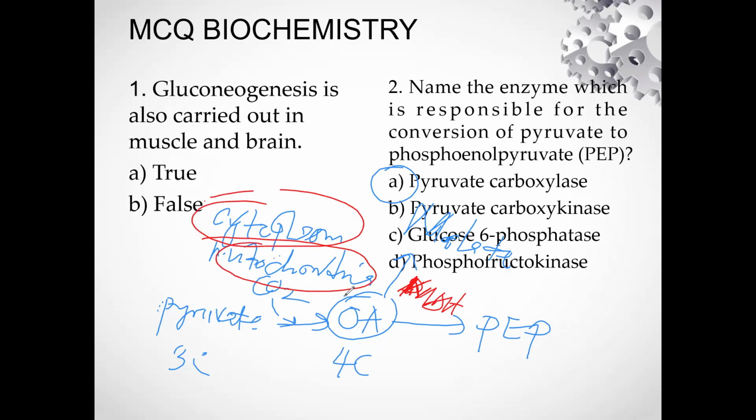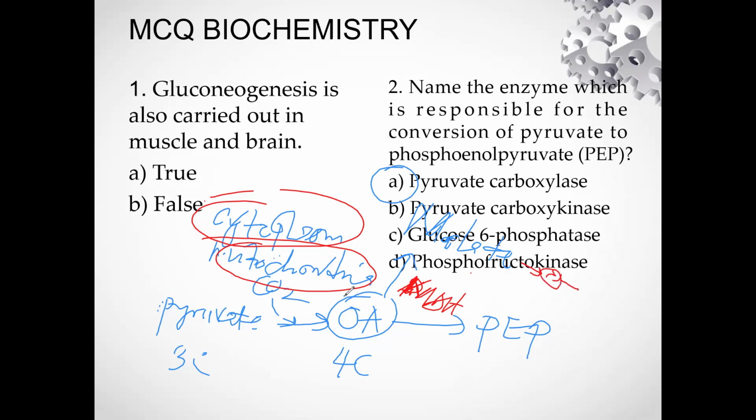So the mitochondrial malate dehydrogenase will convert oxaloacetate to malate, and then the malate, because it has a transporter on the membrane, will be transported to the cytoplasm. In the cytoplasm, there is the same enzyme, malate dehydrogenase, whose major function is to convert this malate back to oxaloacetate.